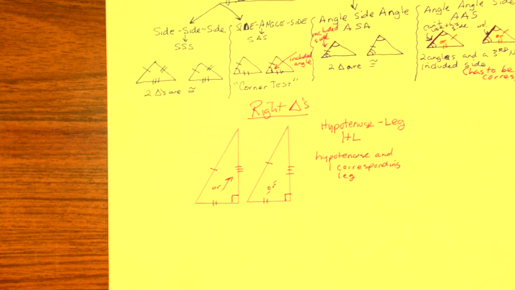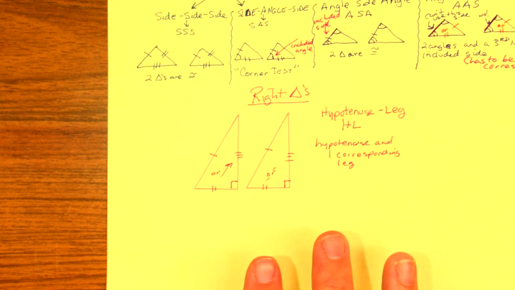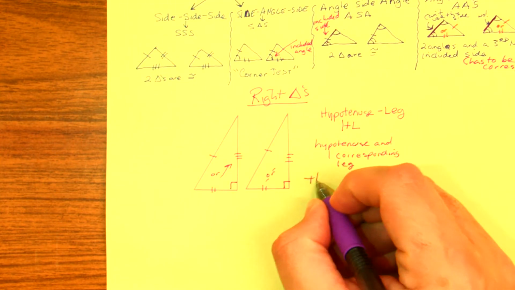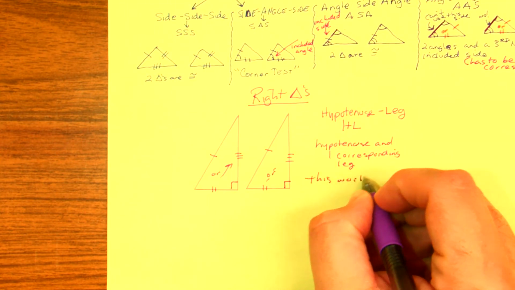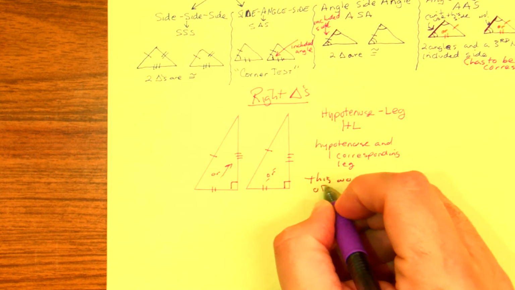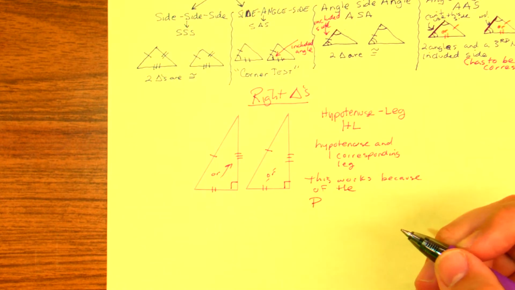Now, if you know two sides of a right triangle, is there a theorem out there that we can figure out the third side? There is, isn't there? We could say this works.